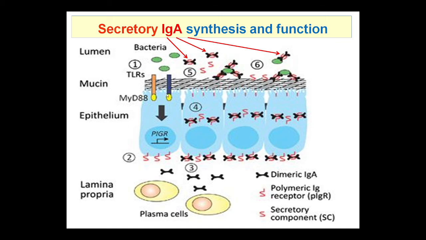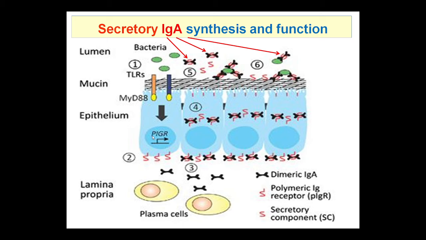After that, toll-like receptors activate the MyD88 molecule. This is an adapter protein that stimulates transport of the activation signal from the surface of the cell to the nucleus of the cell, activating the gene that is responsible for synthesis of polymeric Ig receptor.